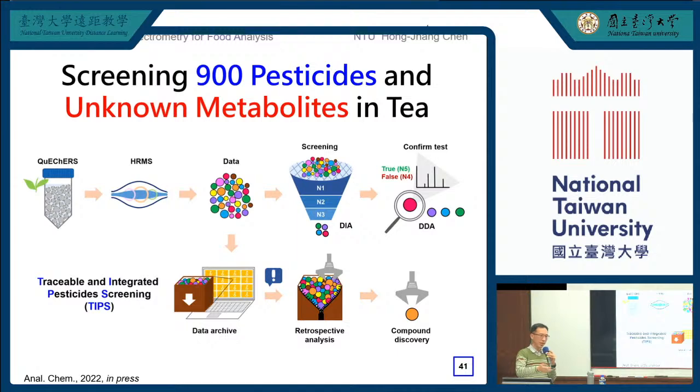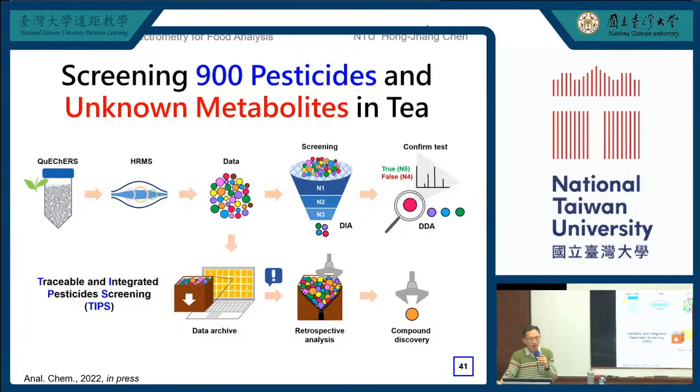As I just mentioned, pesticide screening is very important worldwide. But in Taiwan, we only detect 380 pesticides. It's not enough. In a previous study, they detected 845 pesticides in vegetables and fruits.